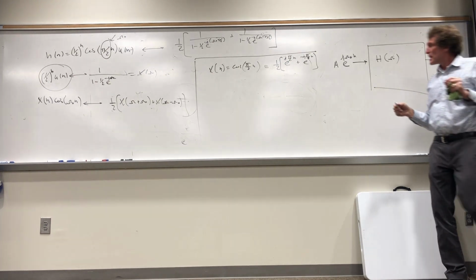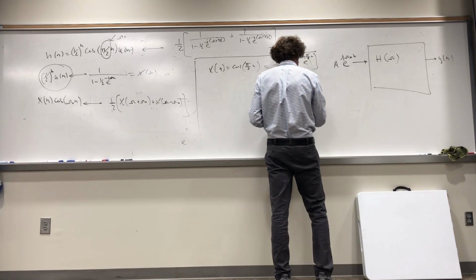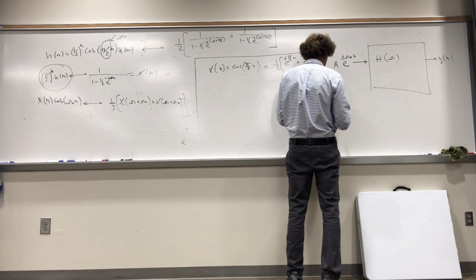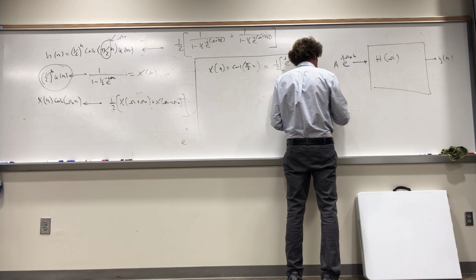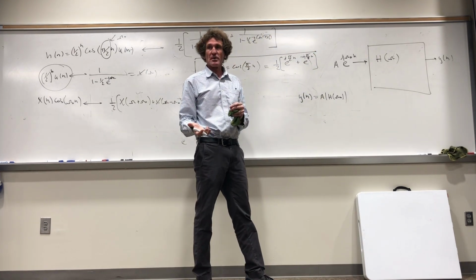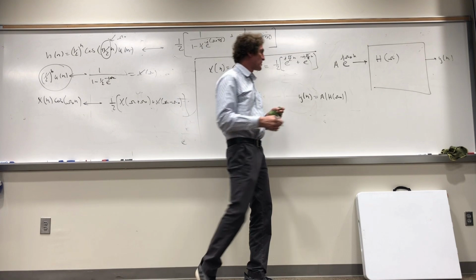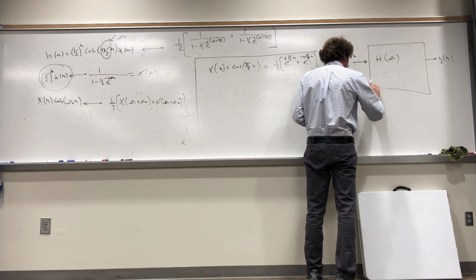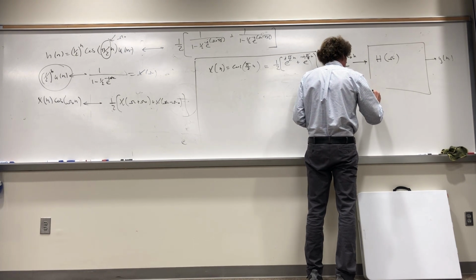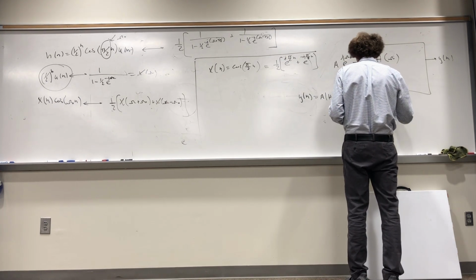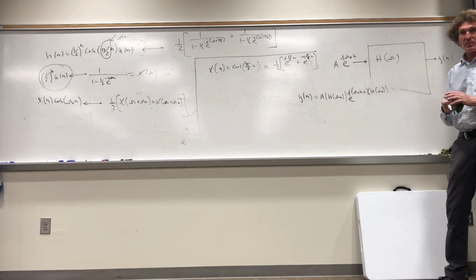If you remember back, your output right there, y of n, will be A times the magnitude of H of omega naught. So now you evaluate that filter at the value omega naught, you get a magnitude. Then it's going to be e to the j, omega naught n plus the phase of H of omega naught. Because remember, that filter can have a complex value. Do you all follow me?